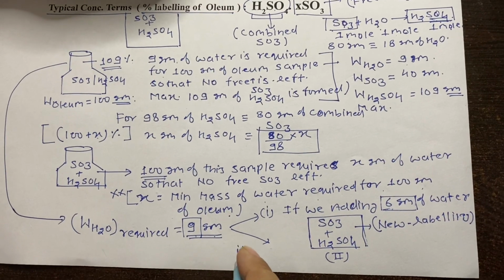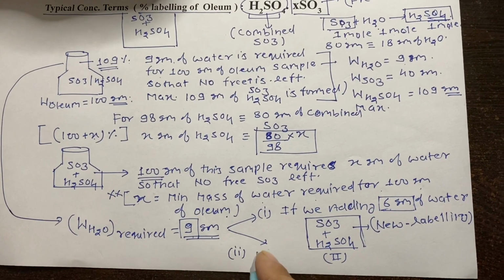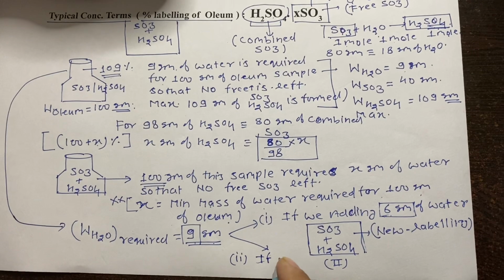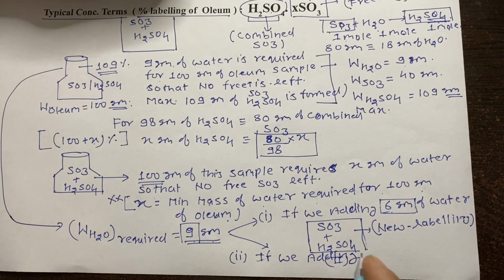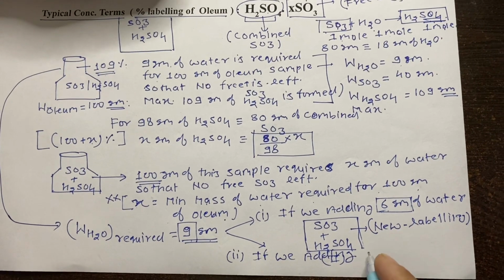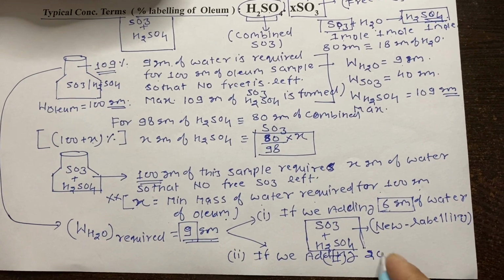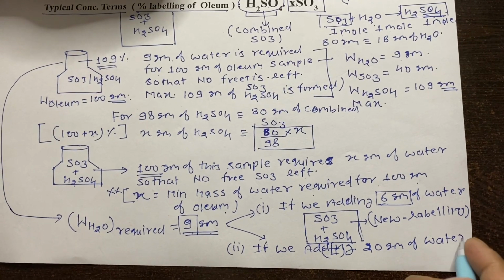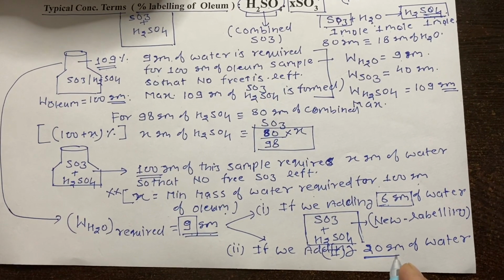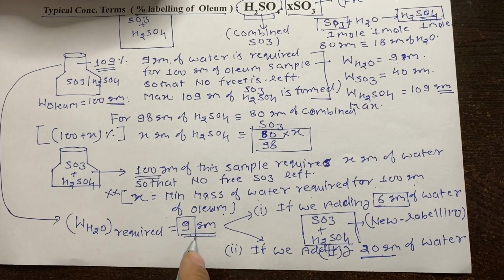Now what will happen if we are providing excess of water? Suppose we are adding 20 gram of water. So the added water is more than required water.